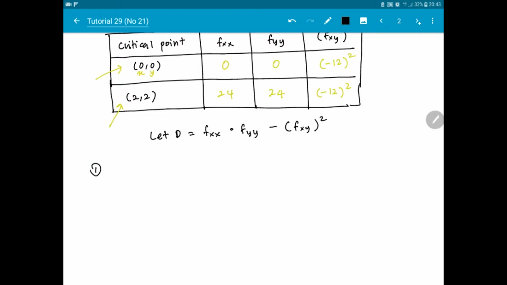For the first point, which is (0, 0), fxx is 0, times fyy 0, minus fxy, negative 12, squared. We will get D equals negative 144. So we know that the value is less than 0, and when it is less than 0, it is a saddle point.